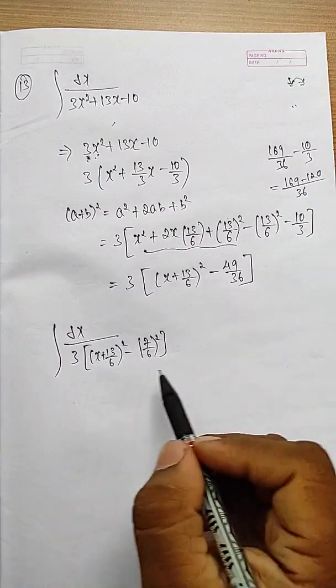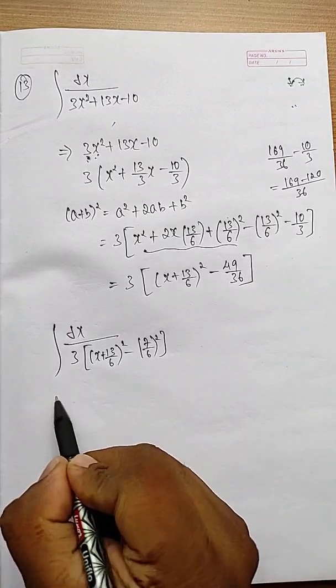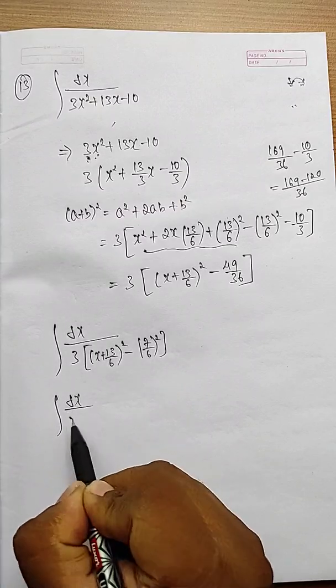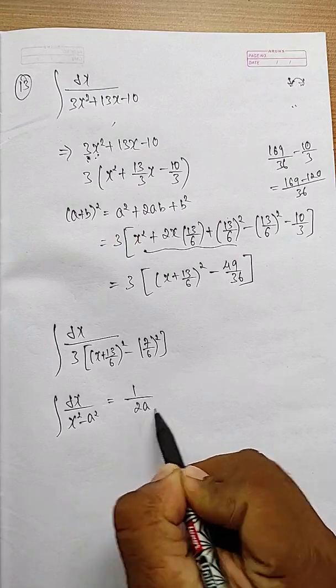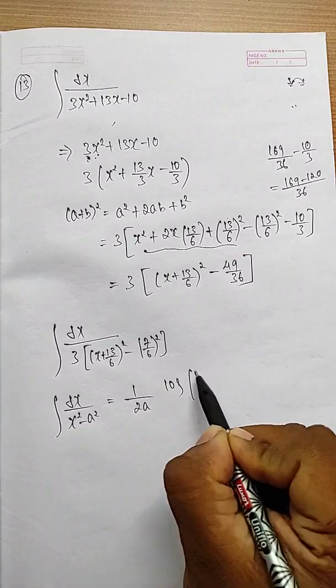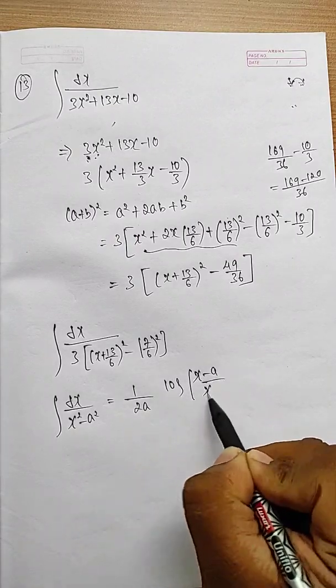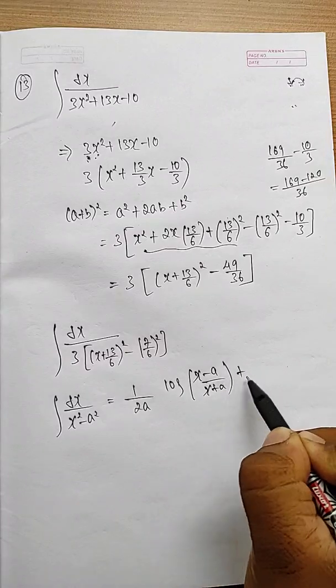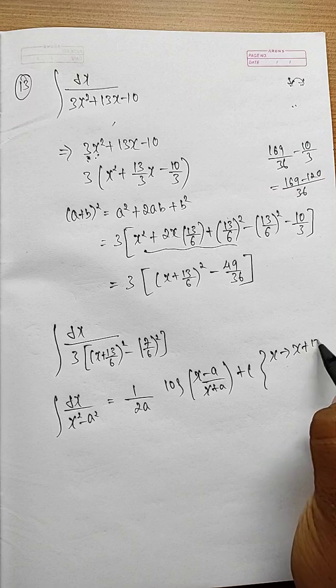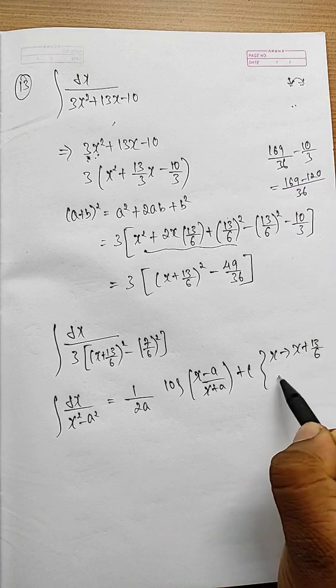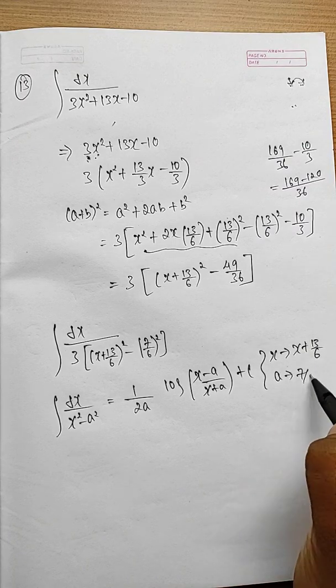Is it clear? So you want to compare this form with the integration of dx by x square minus a square, which is equal to 1 by 2a log of x minus a by x plus a, plus c. Here x is replaced as x plus 13 by 6 and a is replaced as 7 by 6.